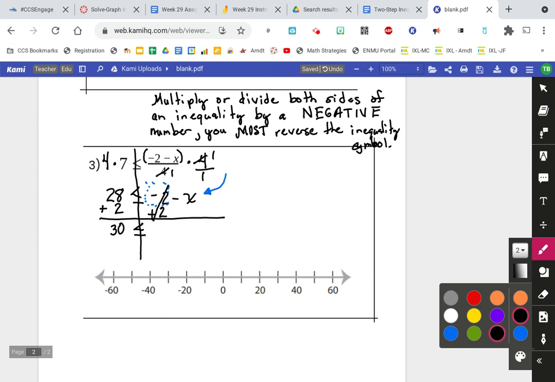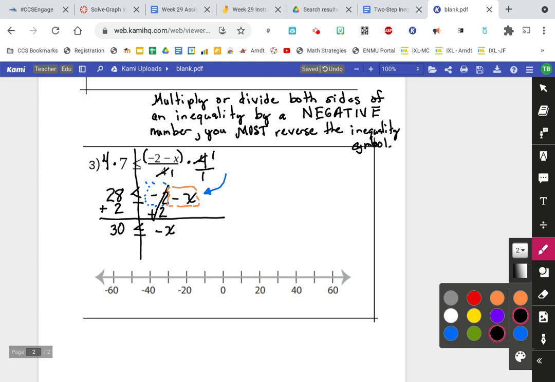Now be very careful. Notice what's left over here. What's left is a negative x. So we have to bring down that negative x. Okay, well, here's the issue. You might be like, okay, I've got the variable by itself. Well, there's a slight problem. I need to know what x is equal to, not negative x.